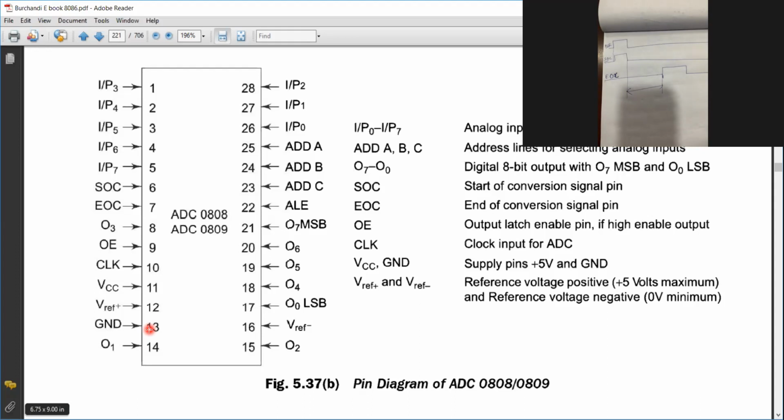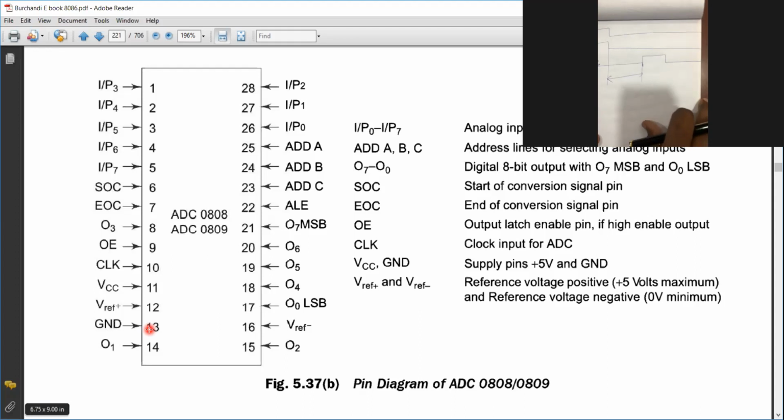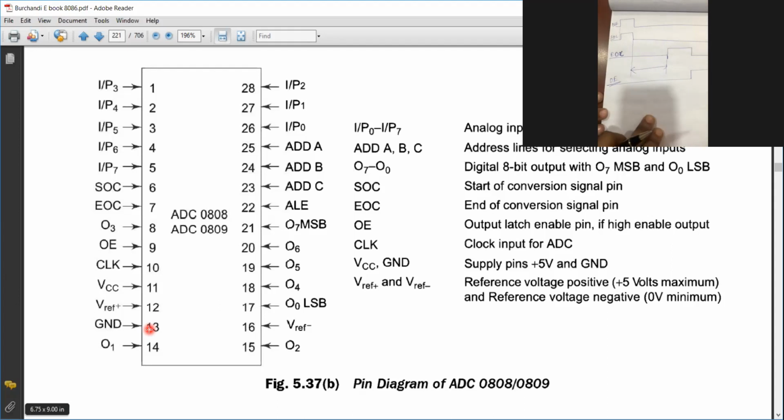After you receive the EOC signal, then you make the OE signal high, full form output enable. In that time interval, whenever you make the OE signal high, you can get the data.